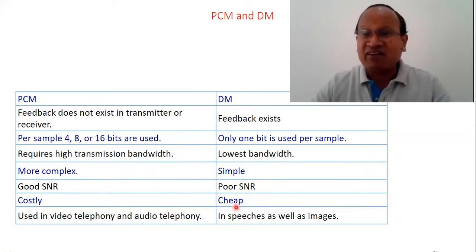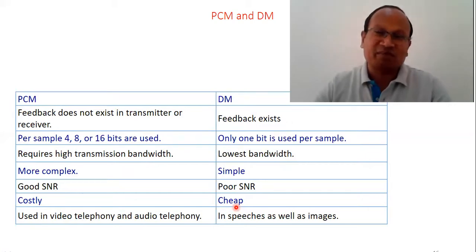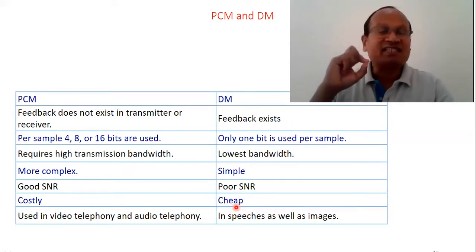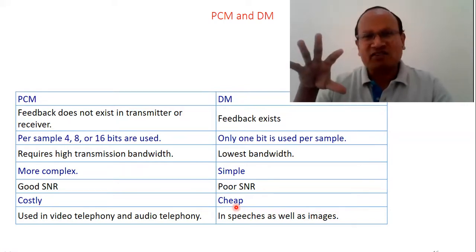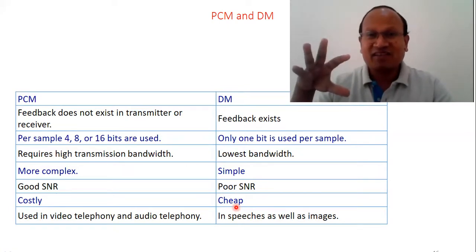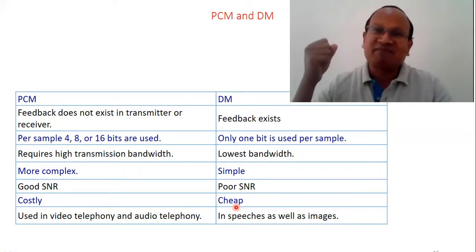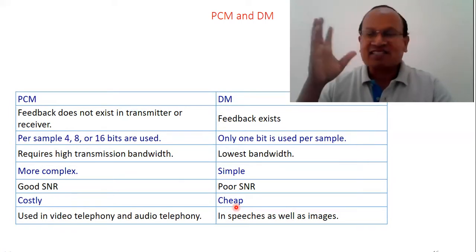PCM, see, is not bandwidth efficient. When we compare in terms of bandwidth utilization and usage, delta modulation is not that expensive as compared with PCM, because we know that bandwidth is the most expensive factor in a communication system. So in PCM, bandwidth is very high as compared to delta modulation, and the cost of bandwidth which we spend in PCM is very high.